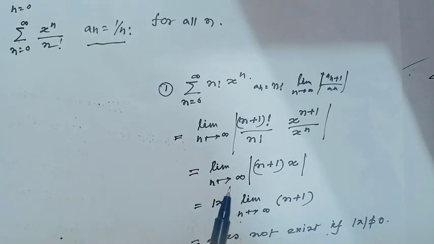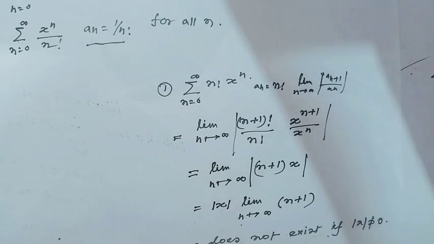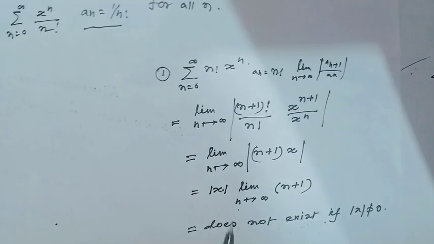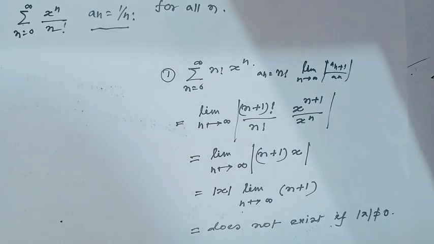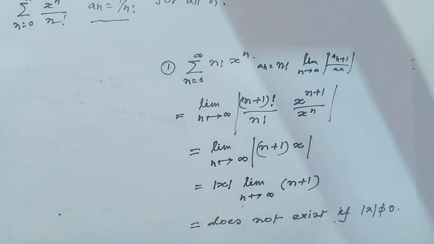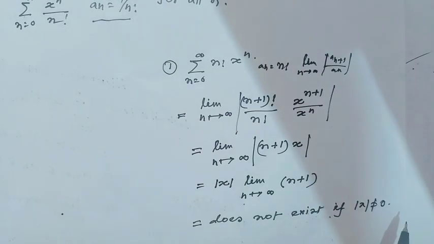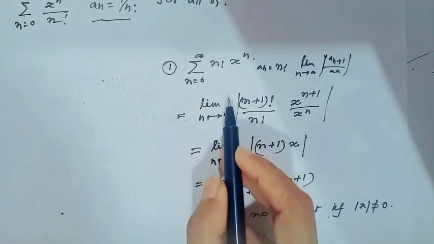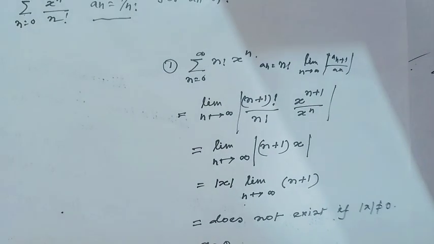This is equal to the limit of (n plus 1) times x, which is equal to mod x times the limit as n tends to infinity of n plus 1. And this limit does not exist if the absolute value of x is not equal to 0.